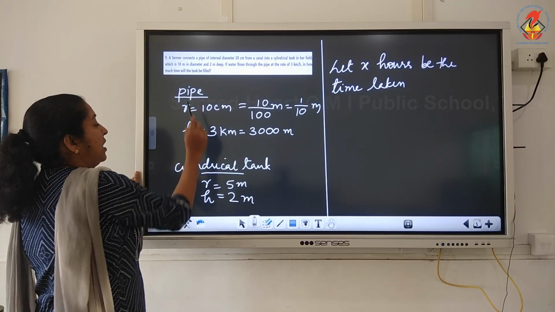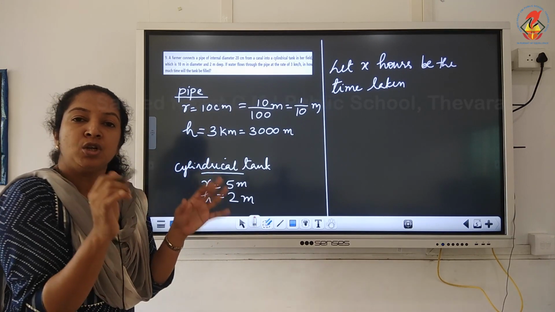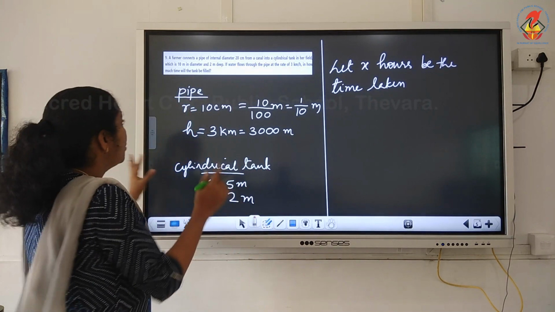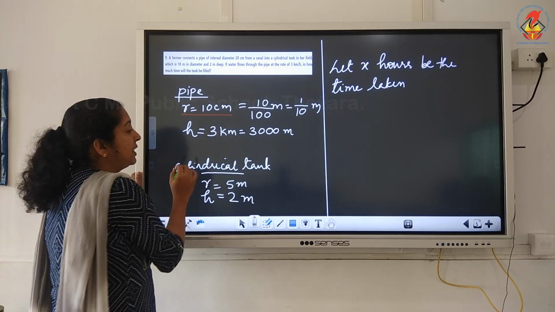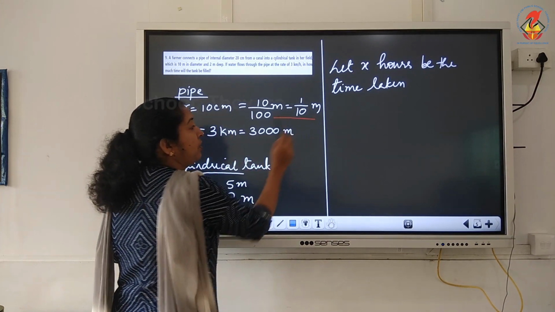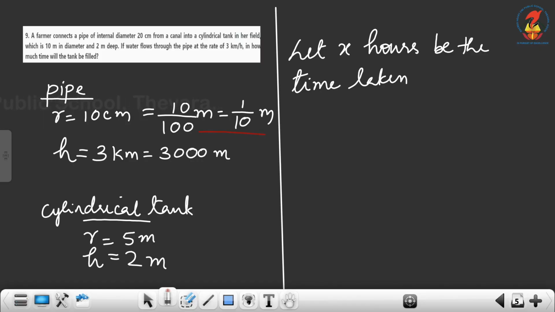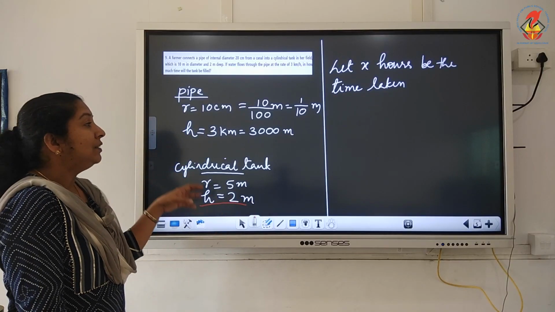So, pipe and cylindrical tank. Pipe is also a cylinder. Here, R is equal to 10 centimeter, which we have converted as 1 by 10 meter, and height is given as 3 km, that means 3000 meter, and the cylindrical tank radius and height are given. So, what you have to find is how much time is taken to fill the tank.